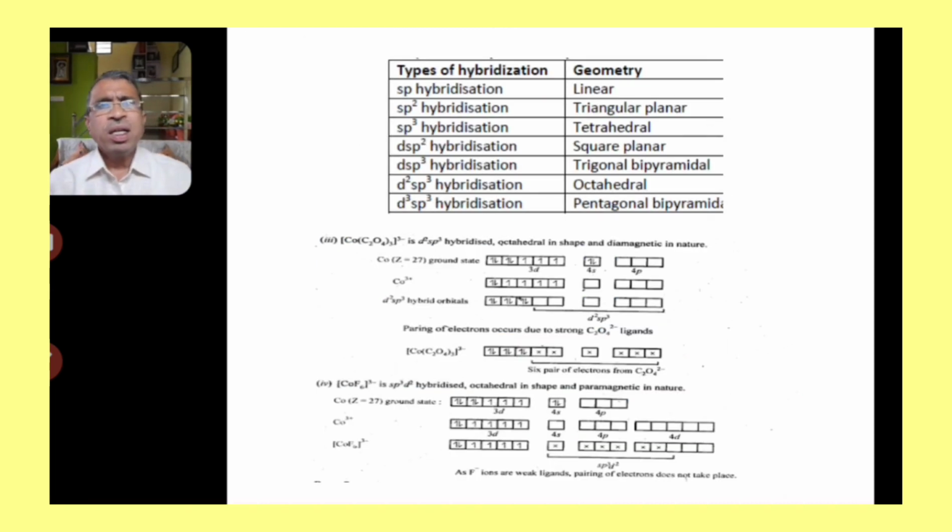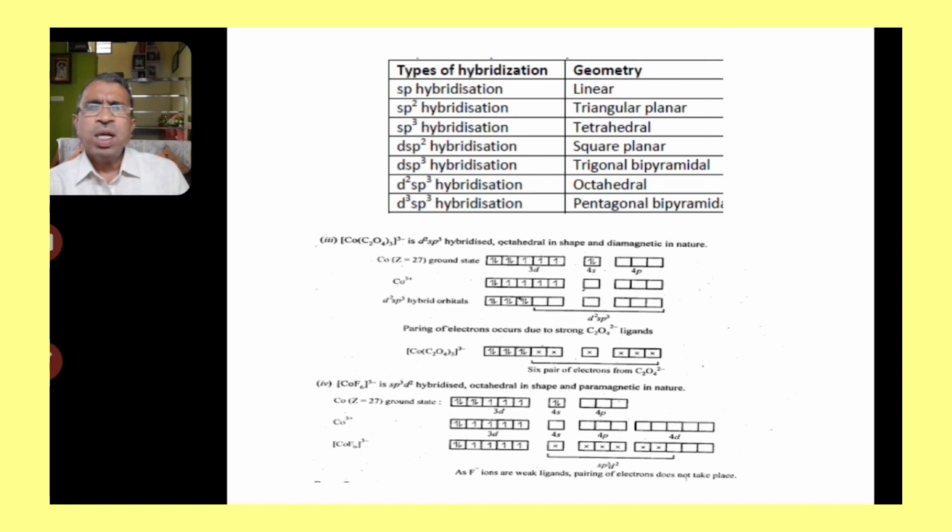This particular slide shows whatever I have explained earlier, the same thing. So various geometries with various hybridization. Below I have given the examples of the cobalt complexes, how for these cobalt complexes the valence bond theory can be explained based on the electronic structures.